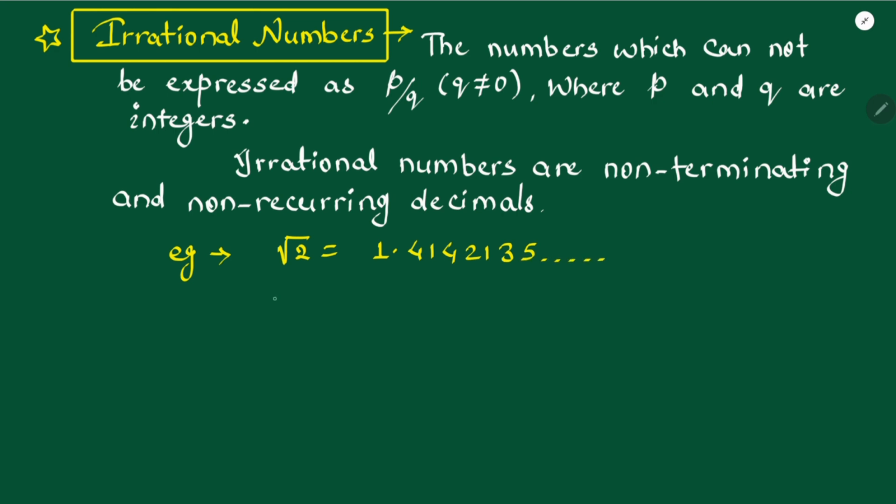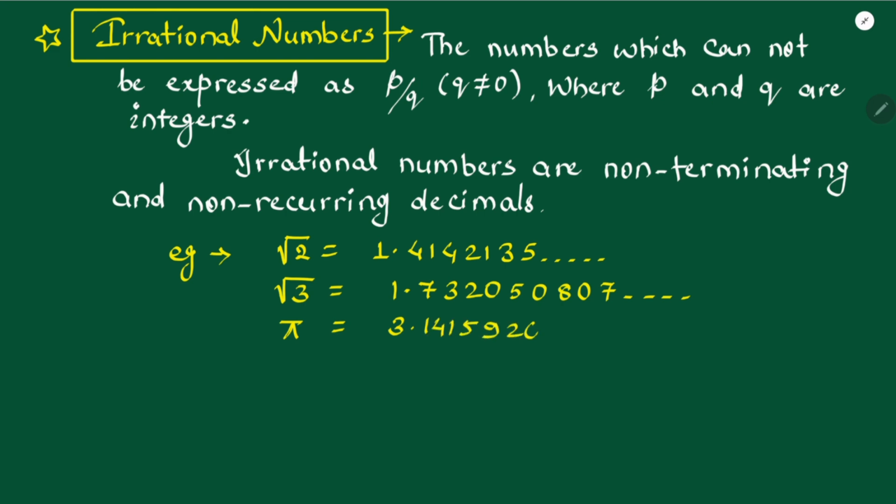In the same way, root 3 will be 1.7320500807 and so on. The very famous irrational number pi is equal to 3.1415925, and again this will go on.